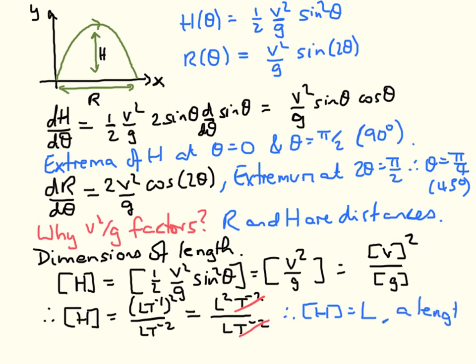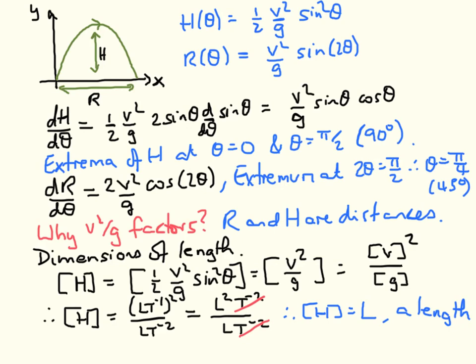And in exactly the same way, because it is the same factor in terms of the dimensionful quantities, this is again just a number, we have v squared over g here, it also has dimensions of length. So that explains why we have this common factor.